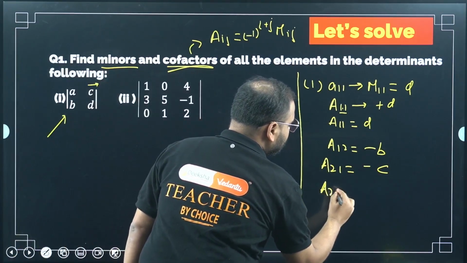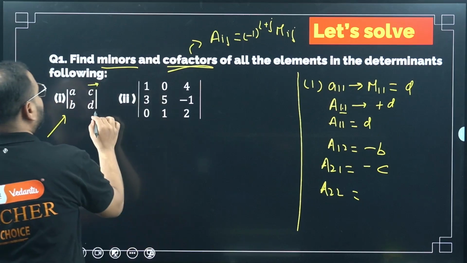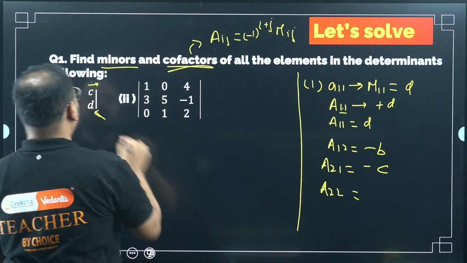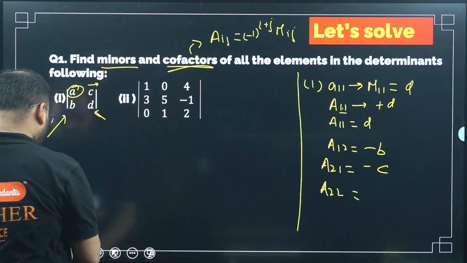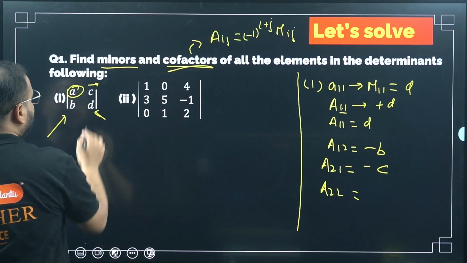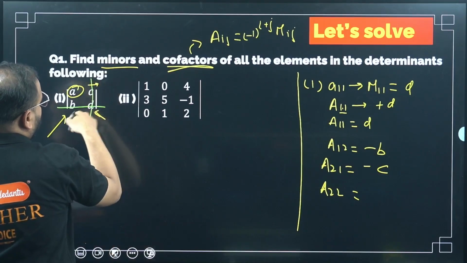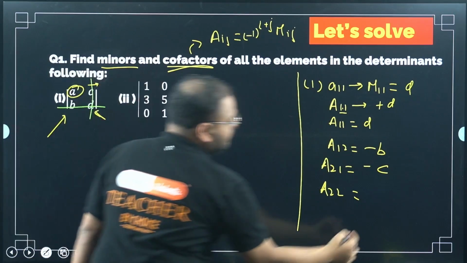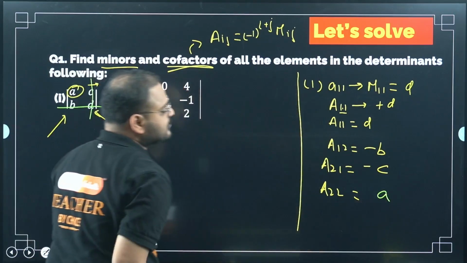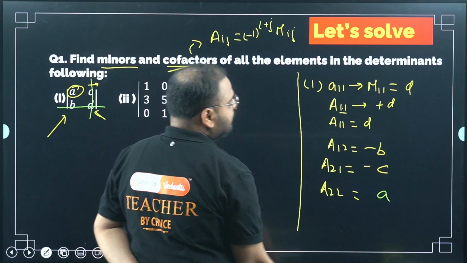And what about A22? For A22 I'm considering this element D. So there will be nothing but A. I hope you are able to understand why. If I consider a22, this row and column will cancel, I will not use them. So only A is left. What is the sign? Positive, since 2 plus 2 is even.